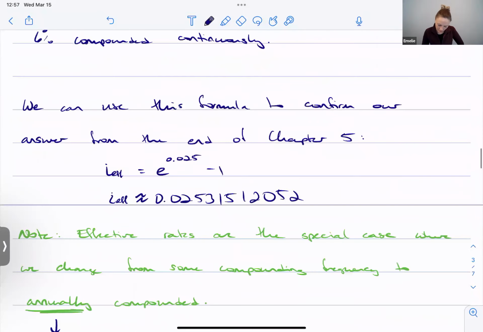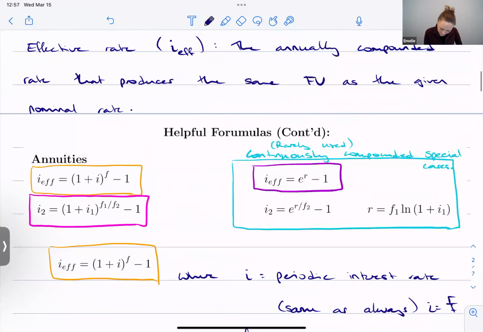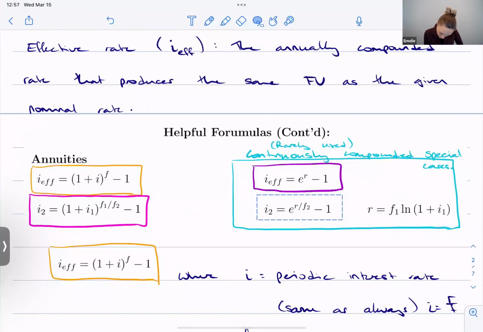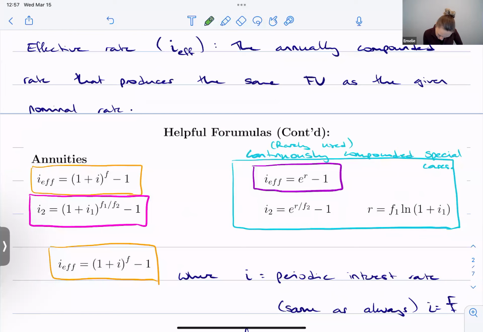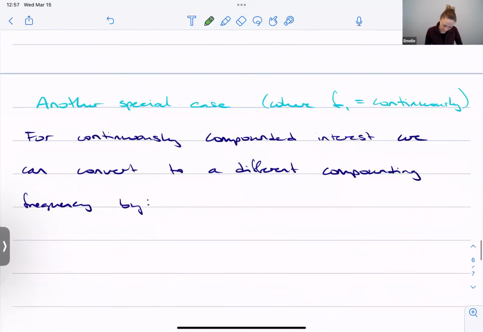I'm going to scroll up here. Whoa, it's far away. By this formula here. First, I'm going to copy it, and find a color that I haven't used yet, maybe green.